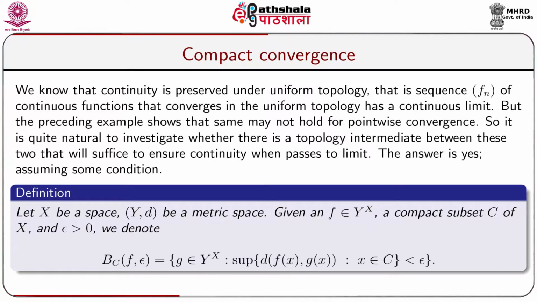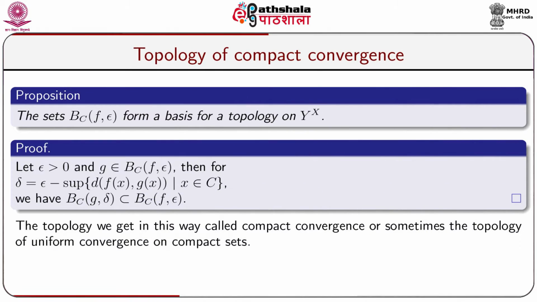That is, the maximum distance between f and g on C is less than epsilon. It can be easily proved that the sets B_C(f,epsilon) form a basis for some topology on Y to the power X.